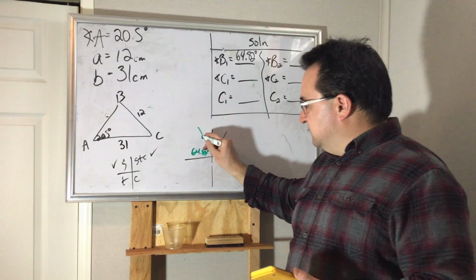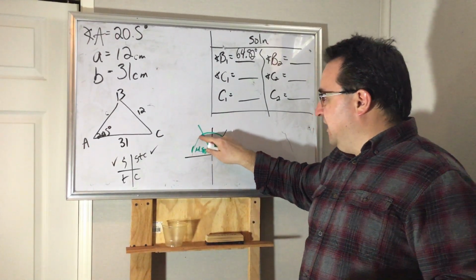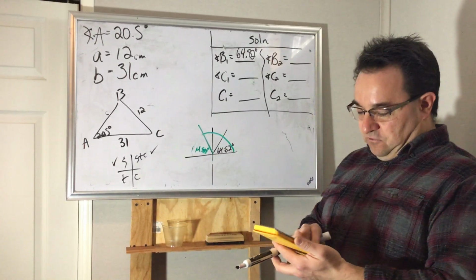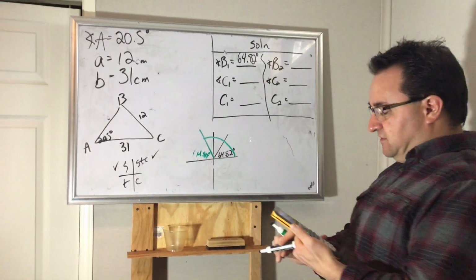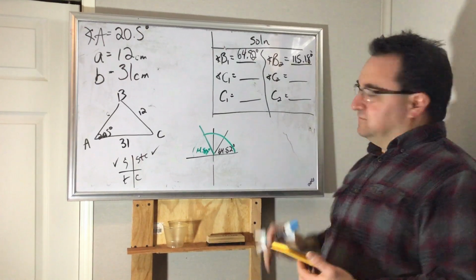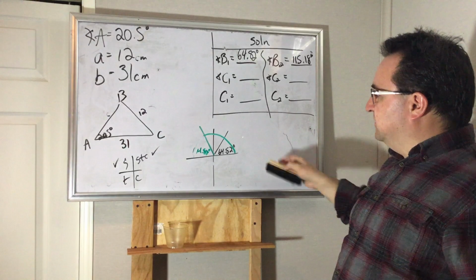And you will notice that that is 180, take away, literally take away, minus 64.82. And what is left is my second angle. So that would be 115.18 degrees.